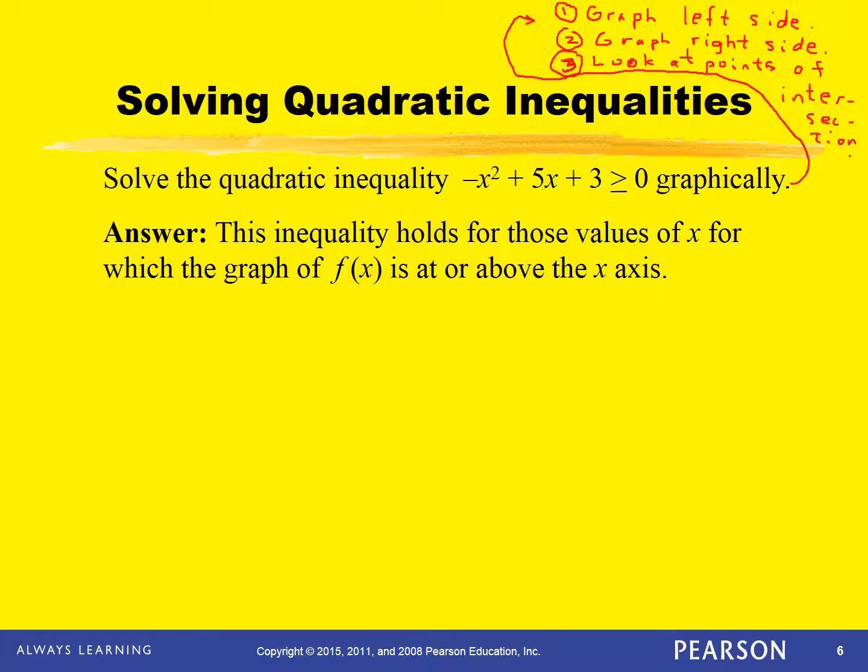This inequality, negative x squared plus 5x plus 3 greater than or equal to 0, holds for those values of x for which the graph of f of x is at or above the x-axis.